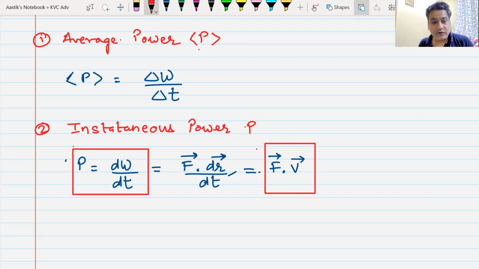Now you can formulate a relation between average power and instantaneous power. How can you find the relation between them? You can write the average power as the integral of P into dt.